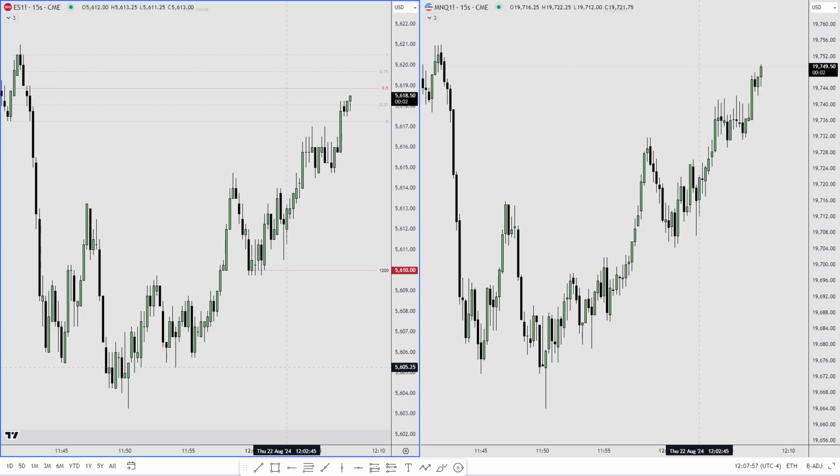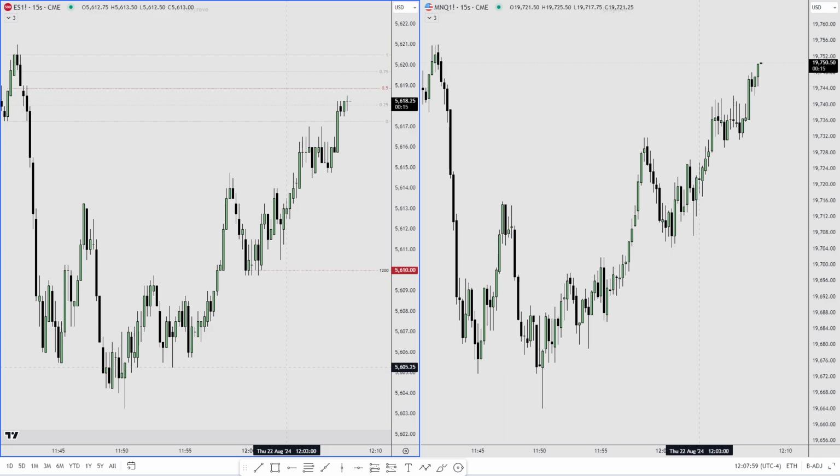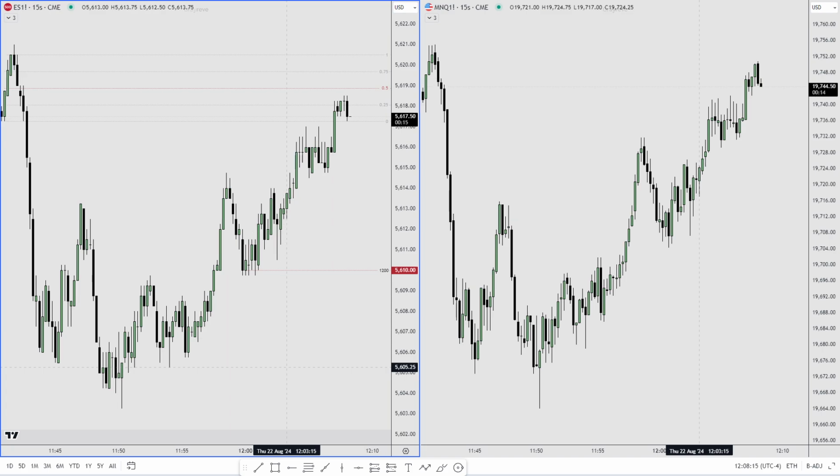Alright, so this is really the highest that I would want to see it go if it wants to even continue to go lower. If you look at the 50 minutes, we are almost hitting that 50% of that fair value gap, and for NQ we have just hit that 25%.